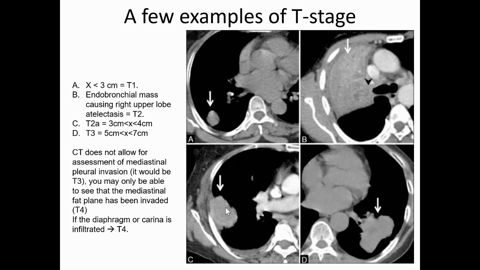On image C, you can see a T2A cancer, which is less than 4 centimeters but greater than 3, and a T3, which is less than 7 but greater than 5.